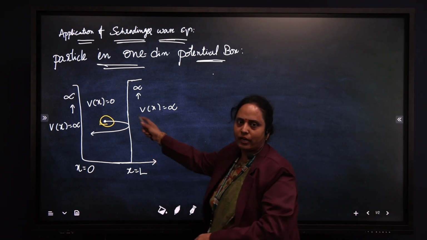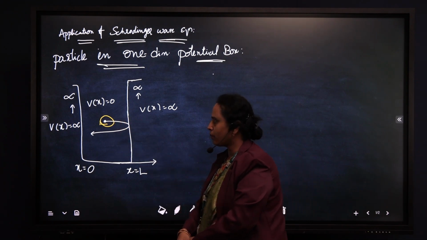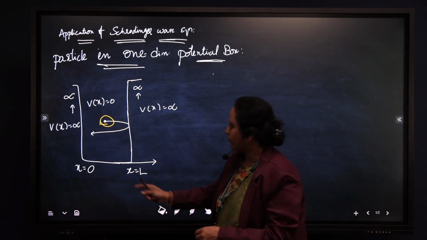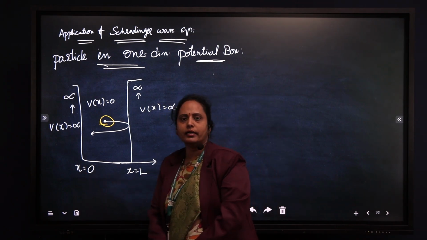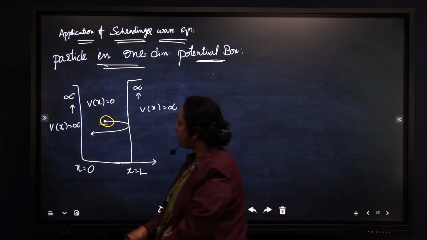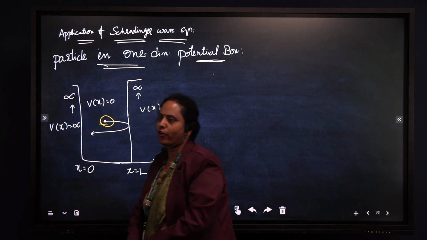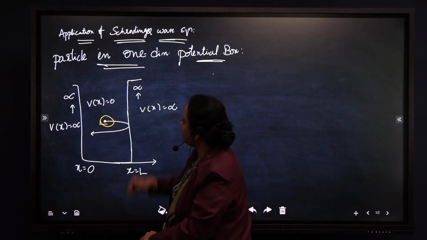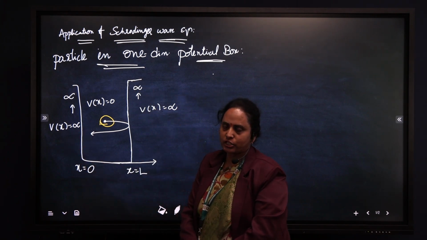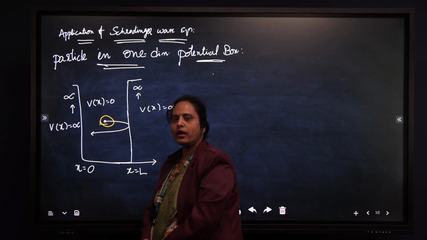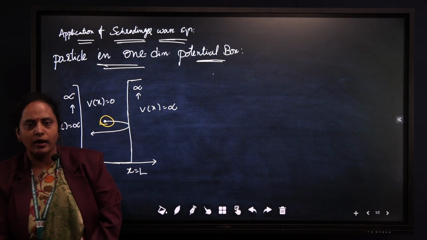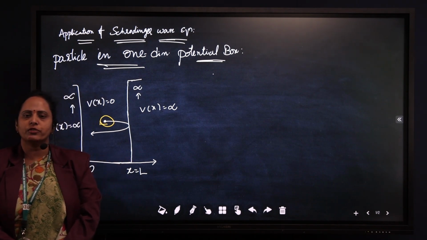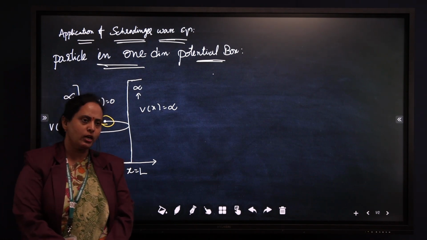The particle is freely moving inside the box of length x equals 0 to x equals L, and outside the box the potential is infinity, of infinite height. These are the considerations we are going to take, and our aim is to calculate the eigenvalues and energy values of a particle which is freely moving inside the potential box.